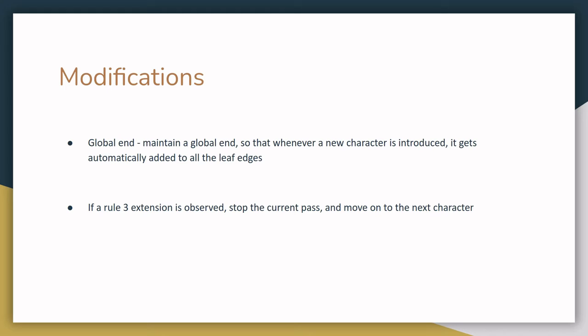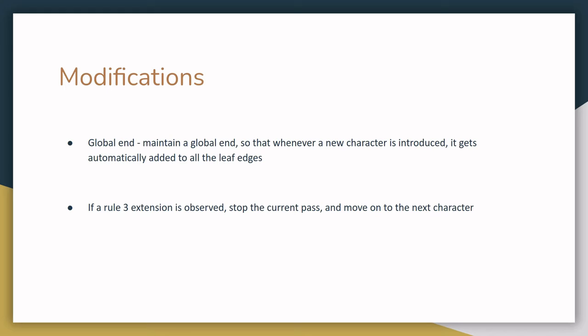But that is more relevant while actually coding up the algorithm. So yeah, let's proceed further. So these are the two major modifications which we apply to the extension rules for Ukkonen's algorithm.